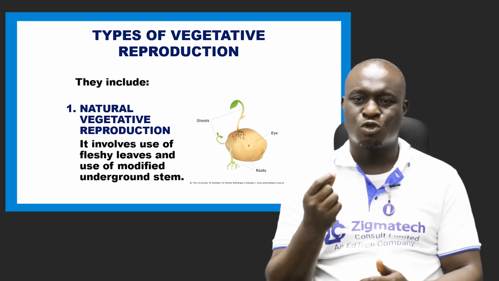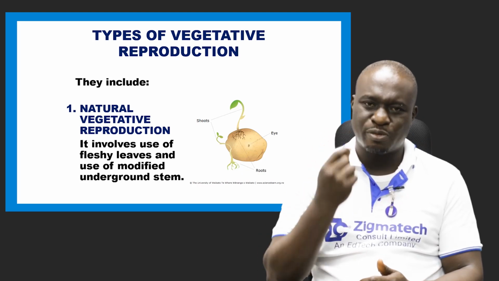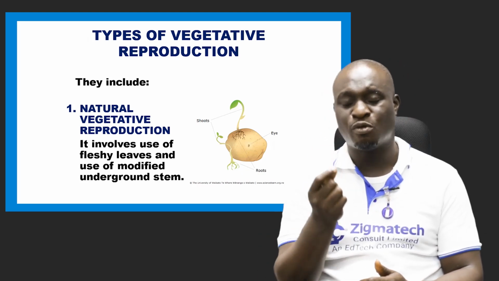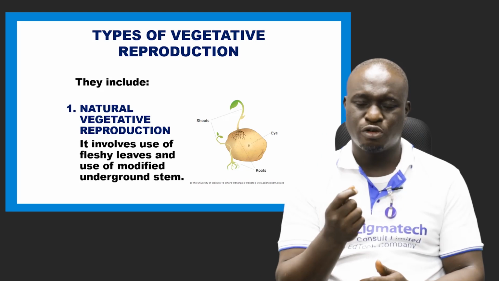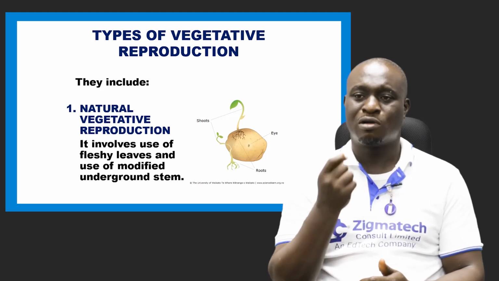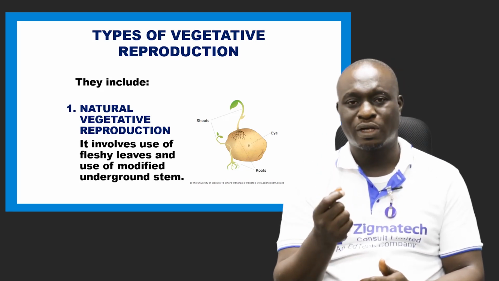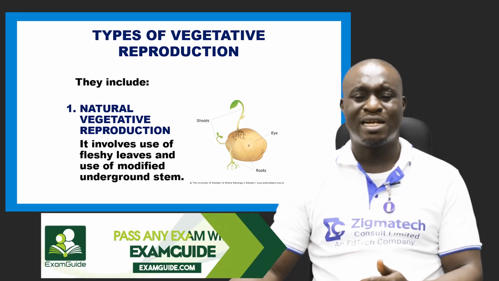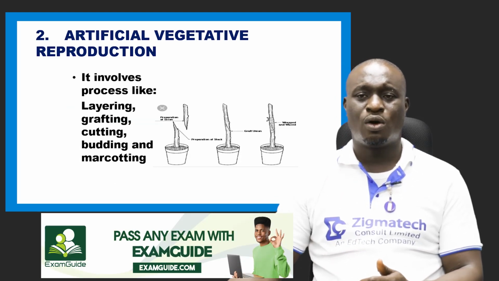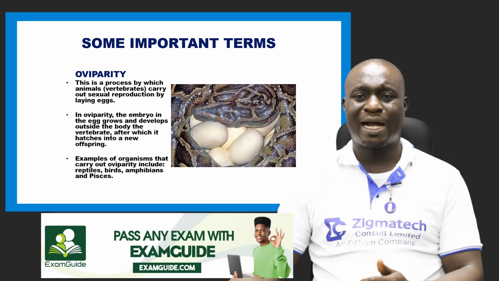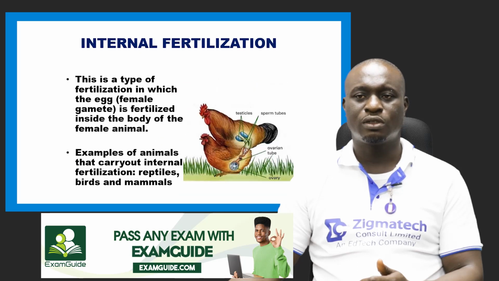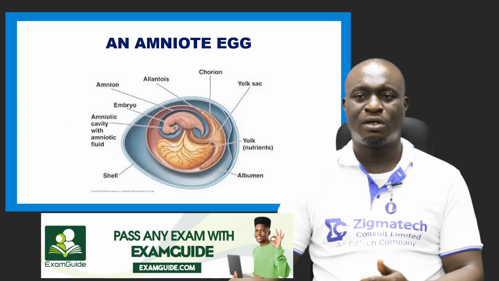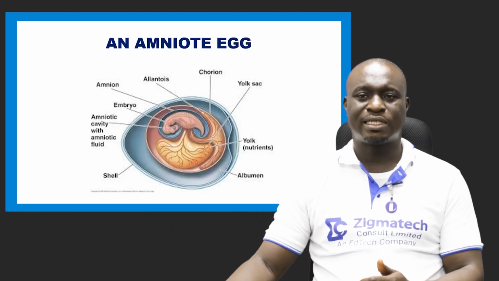So it undergoes natural vegetative reproduction, which is also a type of asexual reproduction. Please take note of this. And that is the corm. We have several examples of natural vegetative reproduction, such as the stem of some plants.